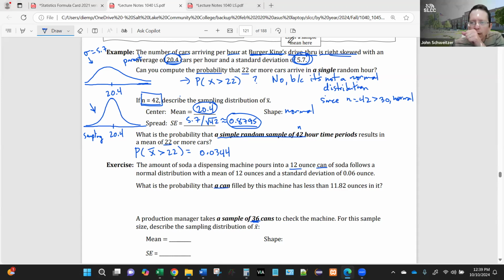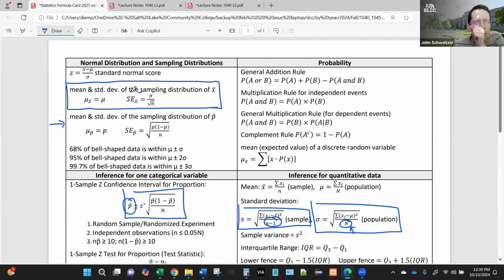Okay, and so if the machine is running correctly, let's see, I had a question here. How did I get 0.8795? Great question. It's this formula right here. The standard error for X bar is the parent standard deviation, so the standard deviation of the parent population, divided by the square root of n. Why the square root of n?